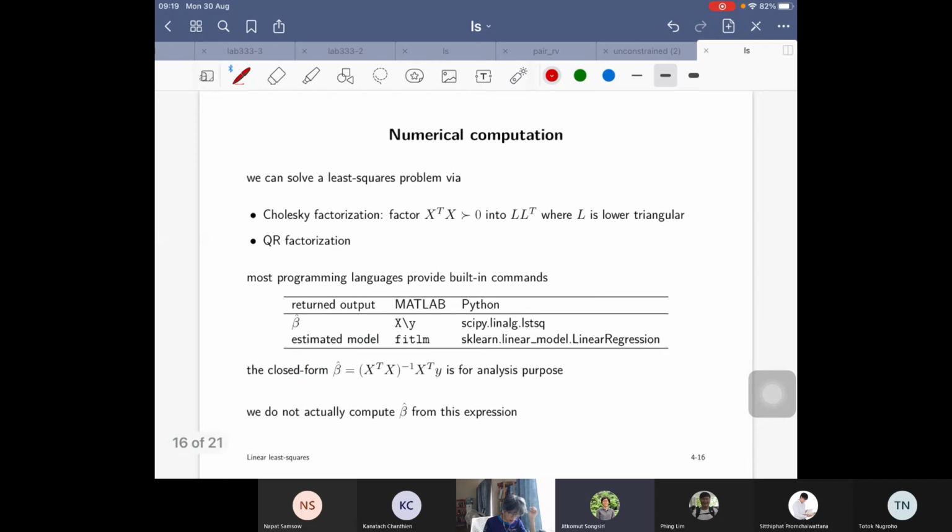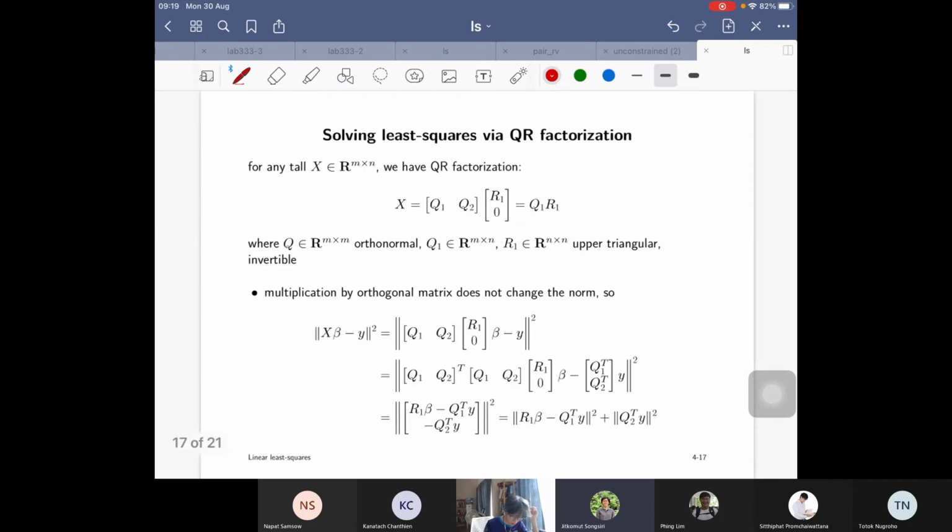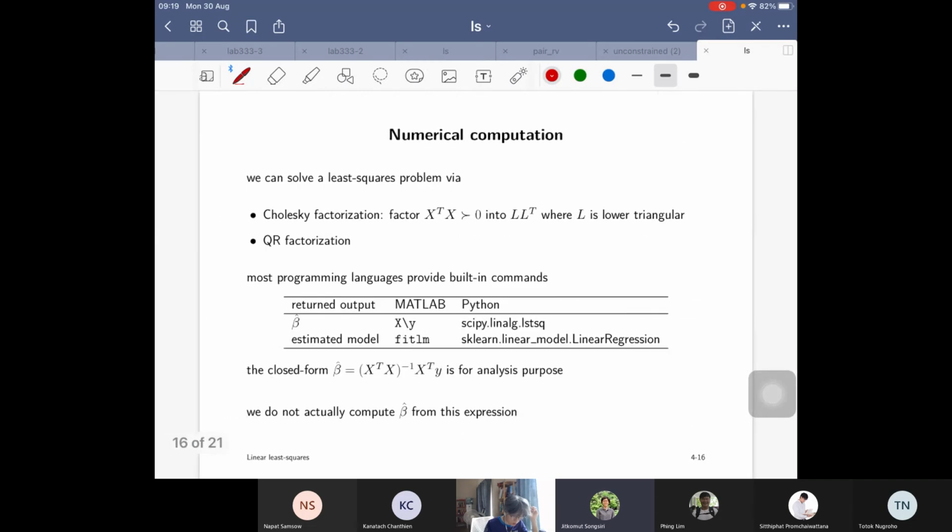At the end, I would like to end the video by giving some information about how to solve it numerically, just by using some library. Recall the normal equations, in the format of Ax equals b.